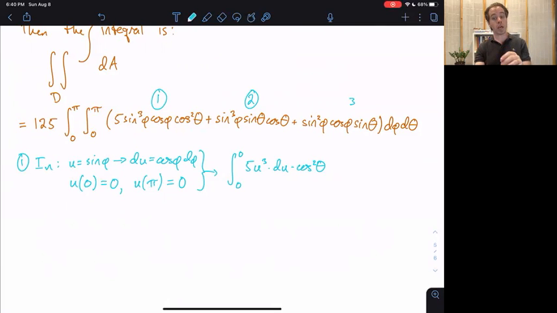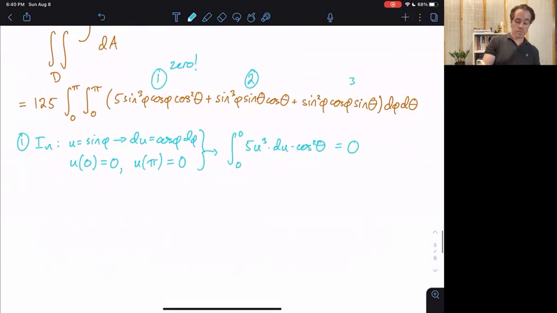But you can see what's going to happen now. Integral from 0 to 0, this is an integral over a single point set that is always equal to 0. So the first integral is 0. For the second integral, I don't even need to progress to the outer version of this integral because in the inner it's already 0. And so I know that the outer would necessarily be 0.